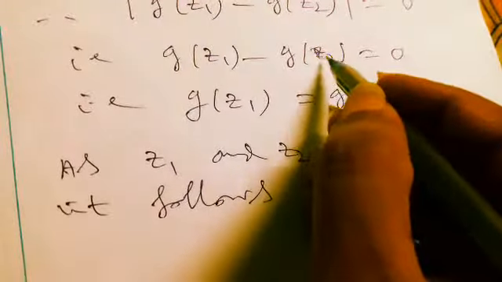It is indicated because all function values are the same for arbitrary values. That's why this happens.